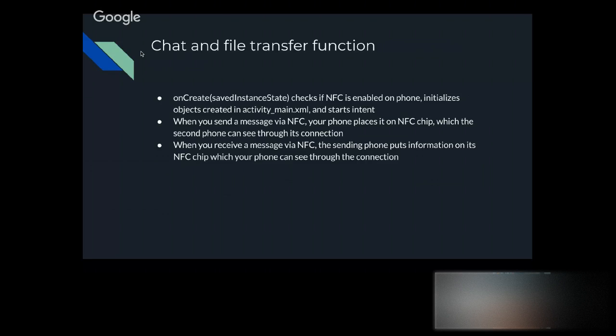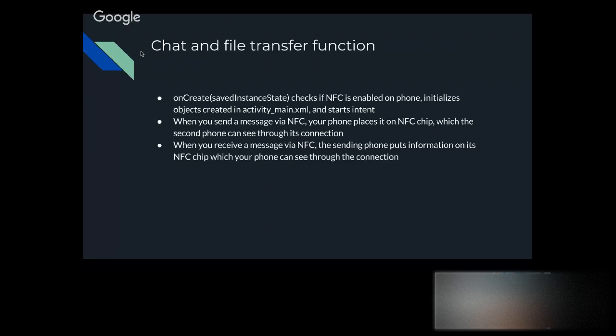When we were creating the chat function, we had to extend the onCreate method from the superclass Activity. So onCreate, with the saved instance state, checks if NFC is enabled on our phone, initializes the layout created in activity_main.xml, and starts the intent for our app, which is to connect via NFC and then send messages back and forth.